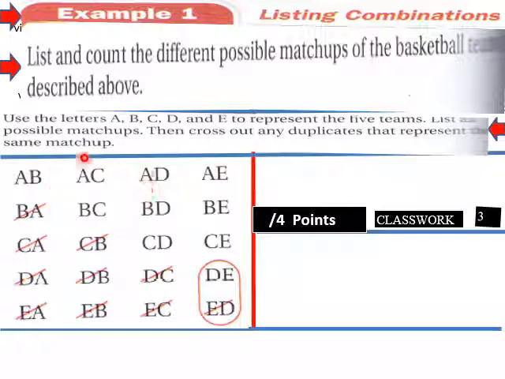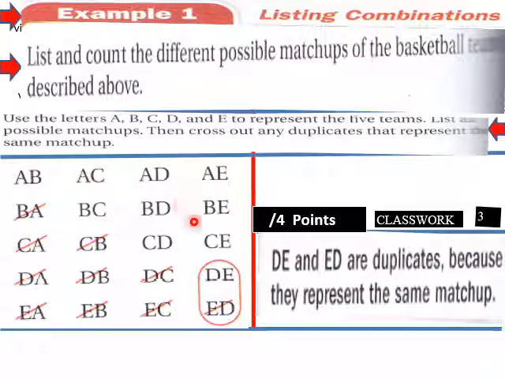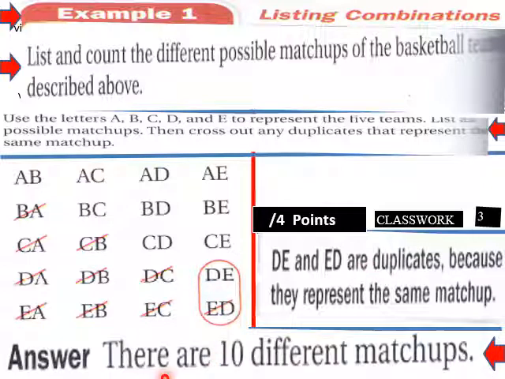So here would be the matchups for A, B, C, D, and E. These will be crossed out because they're the same, and then you end up with this amount here. D, E and E, D are the same, but here are your fresh matchups, so that would be what you would count. D, E and E, D are duplicates because they represent the same matchup. So there are 10 different matchups.